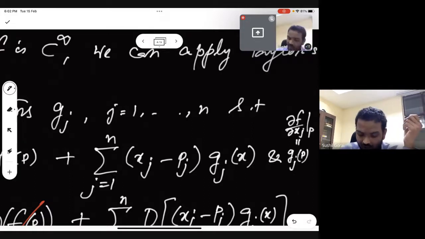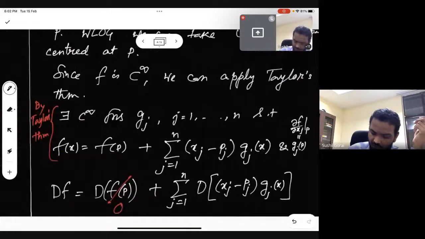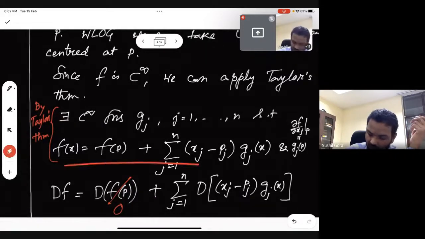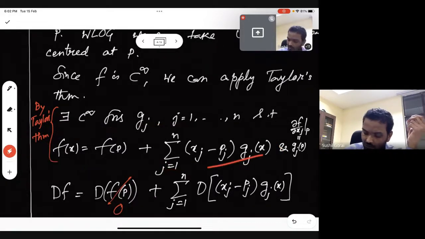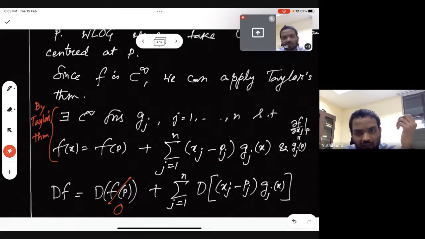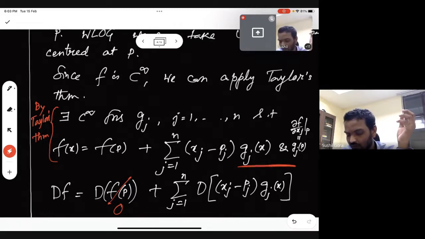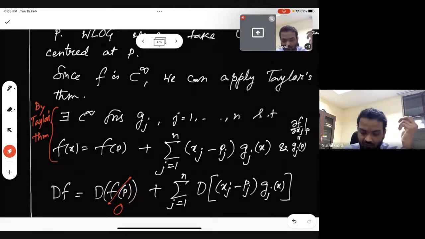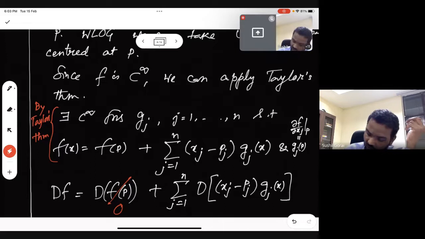At p, it is just the derivative. If you look at this expression in the Taylor series, we have f(p), then xj minus pj times del f by del xj, and then there are higher order terms. So gj combines that del f by del xj at p plus higher order terms. This part is also important.